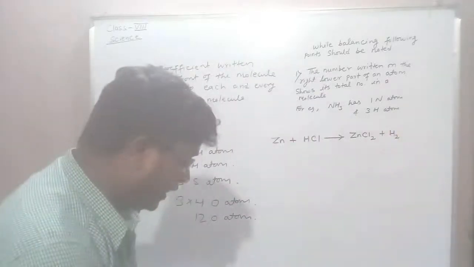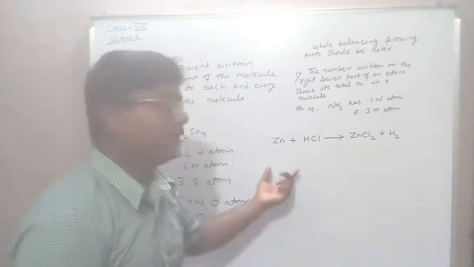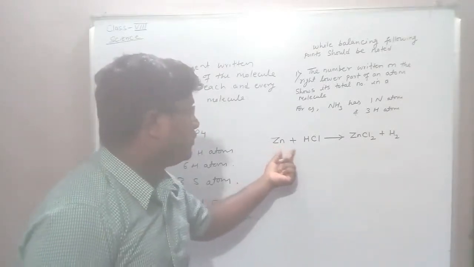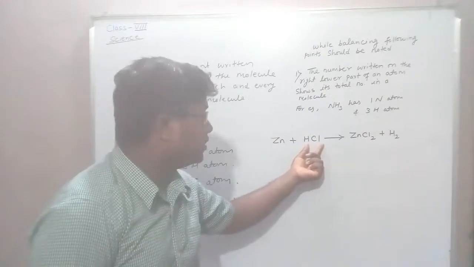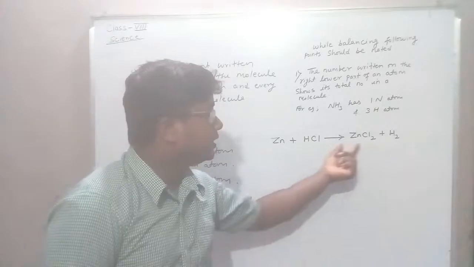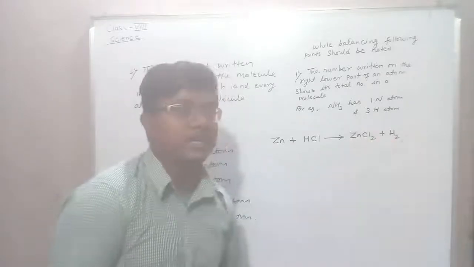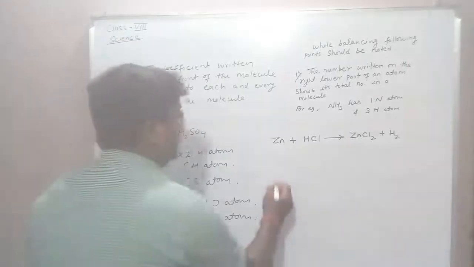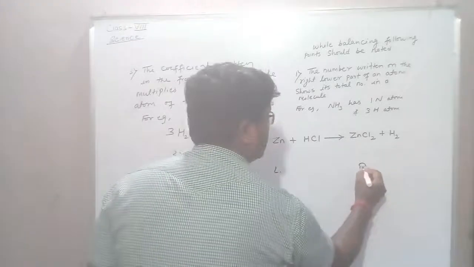So I have written the skeleton equation. When zinc reacts with hydrochloric acid, it gives zinc chloride and hydrogen gas. Now let's count the number of atoms present on the left hand side, and this is your right hand side.